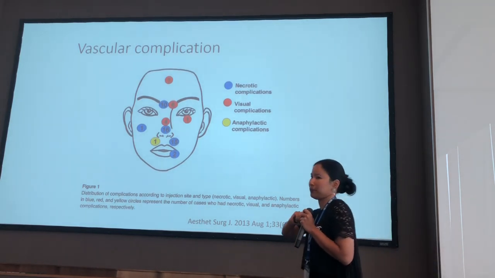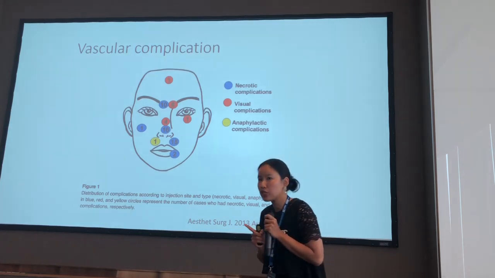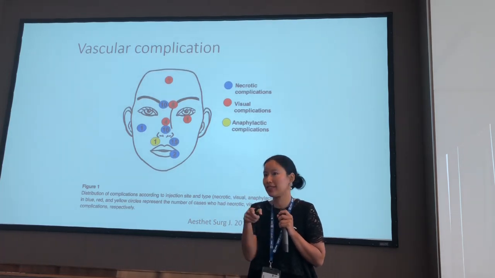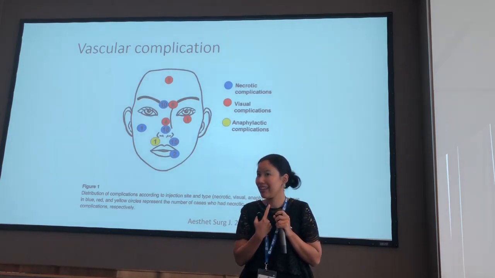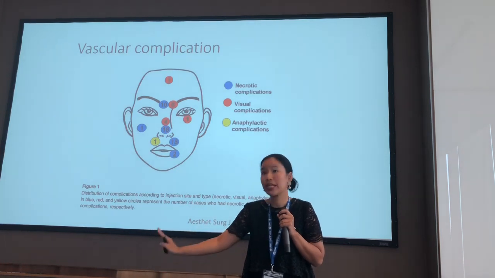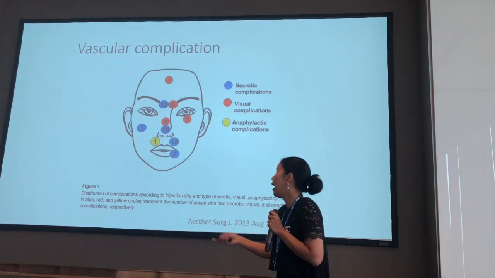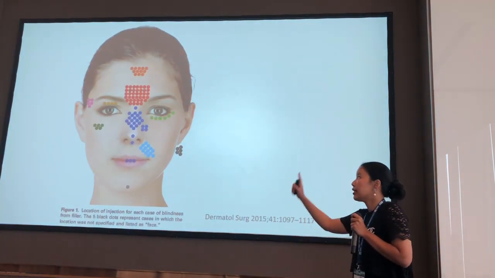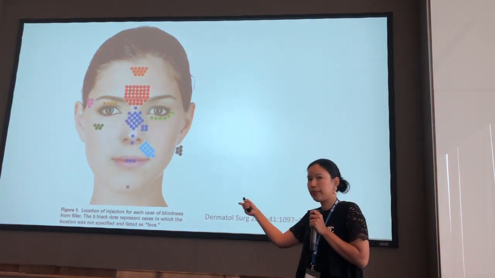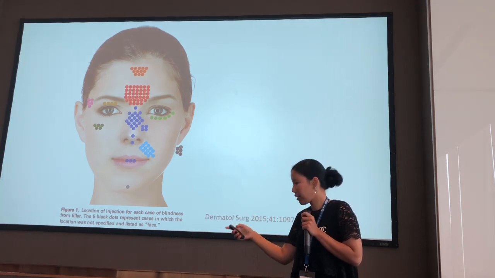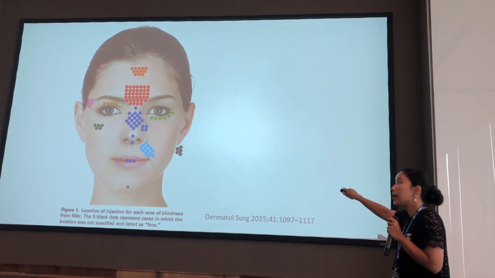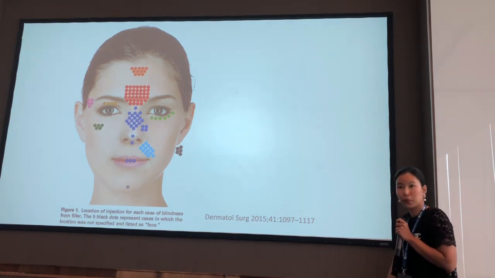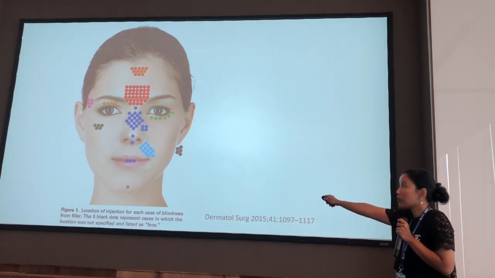That's why the prevalence of blindness and complications has been reported more in Asians, because Asians have a flat midface compared to Caucasians. So that is the reason why. And next, this one was published in 2015. We can also see that although it's a different study, the pattern is quite the same, right? And the majority is around here, right?